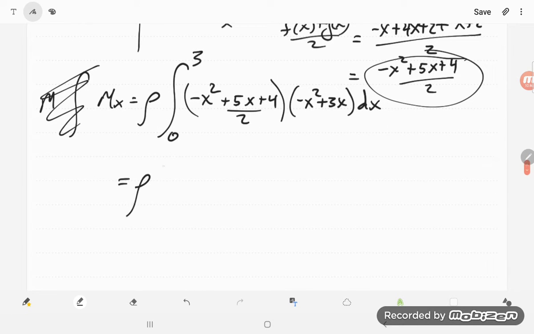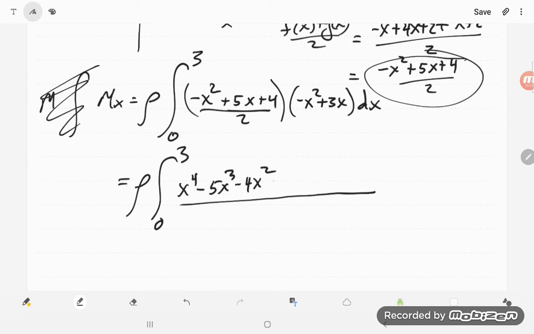Okay, well, a little bit of algebra work. I'll multiply through by the negative x squared, so I'll get x to the 4th minus 5x cubed and minus 4x squared, and multiply through by the 3x, so that's minus 3x cubed plus 15x squared plus 12x all over 2 dx.